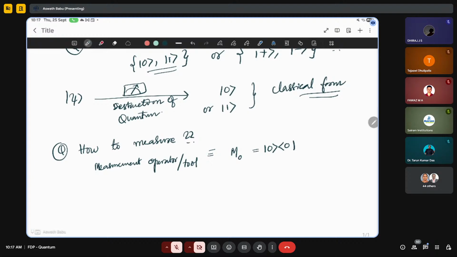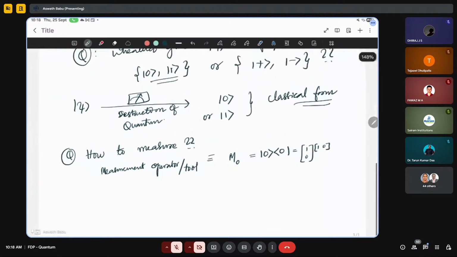Earlier we had an inner product. What is the outer product? The outer product is the column vector 1 0 multiplied by the row vector, which is going to give me a matrix.